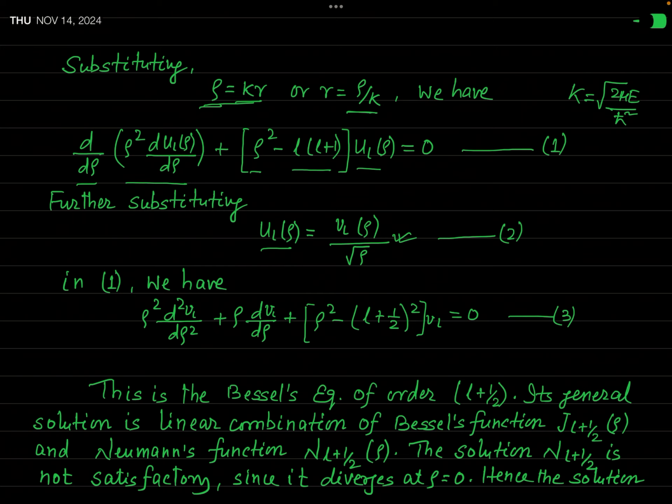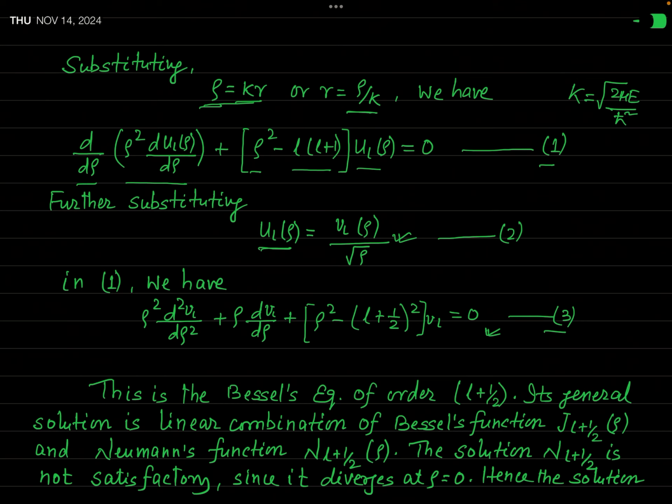Substitute V_L of rho over square root of rho instead of U_L of rho, and then you will see that this equation becomes as you can see in equation 3.